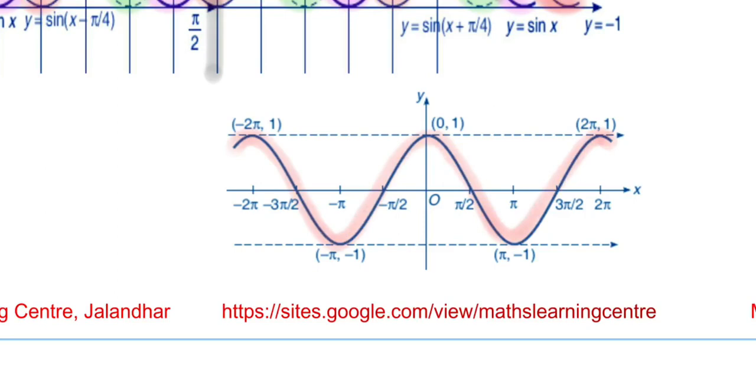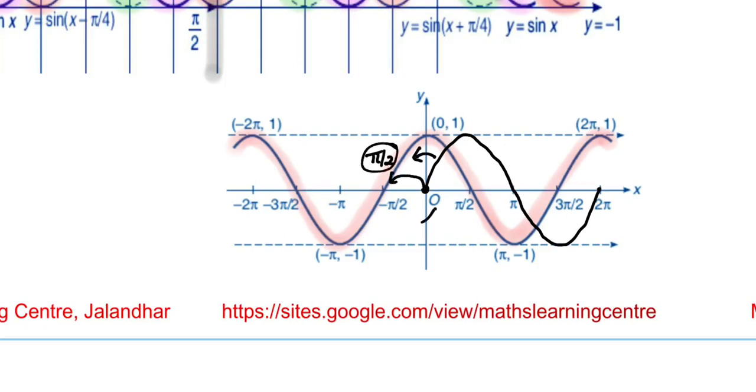sine x, which will have value 0 over here. The graph of the function sine x is of this form. So what we are saying is we have shifted this graph towards the left by an amount of pi by 2.